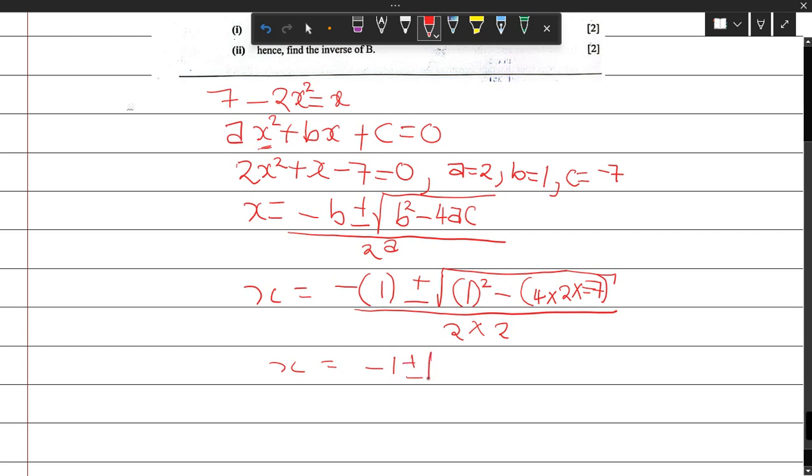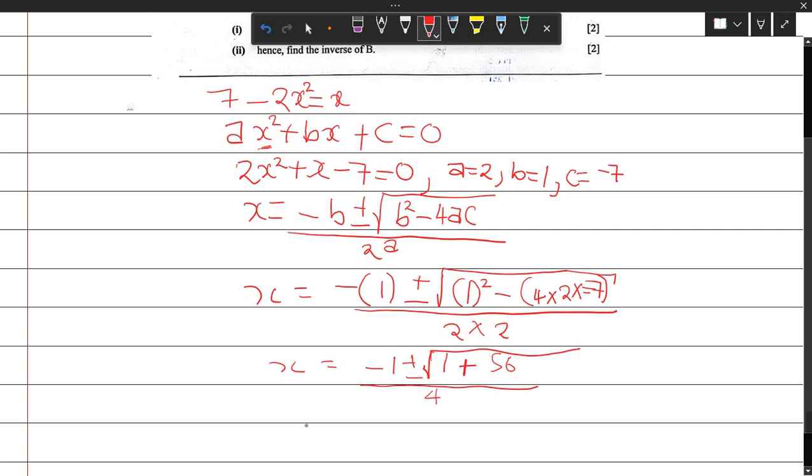Plus or minus. So you see the reason why I was emphasizing putting everything in brackets. 1 multiplied by 1 will be 1. Then this now will be plus, because we have a negative here multiplied by another negative, which is coming from -7. So now we multiply 4 by 2, which is 8, and 8 multiplied by 7 gives you 56, over 4.